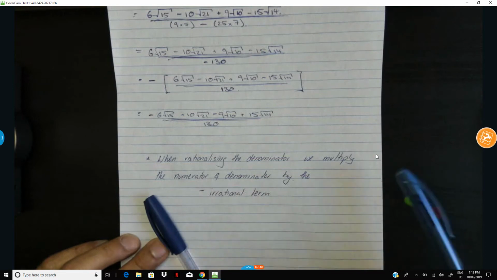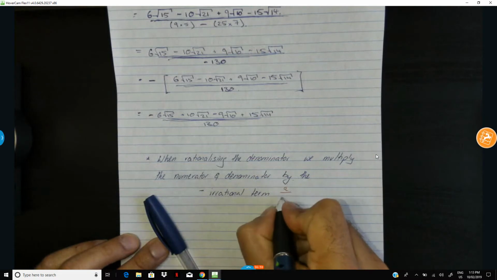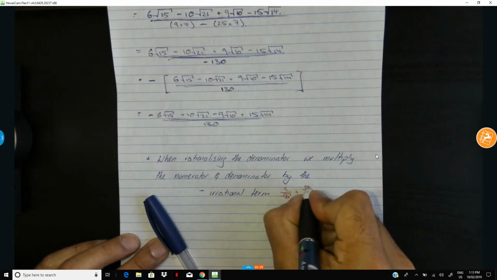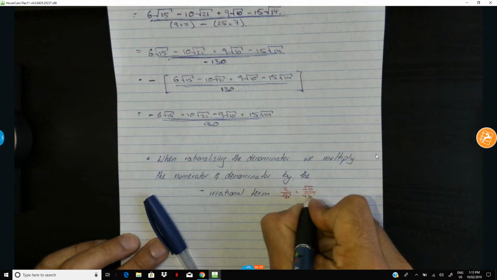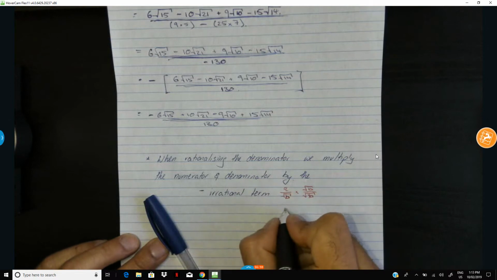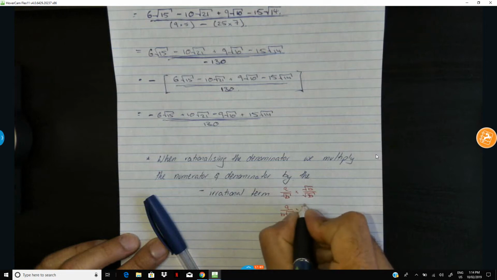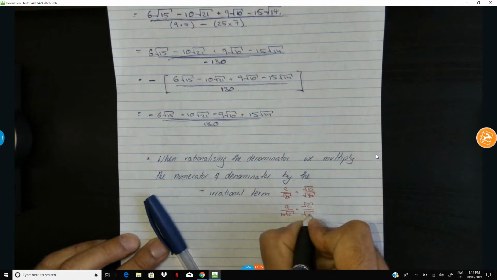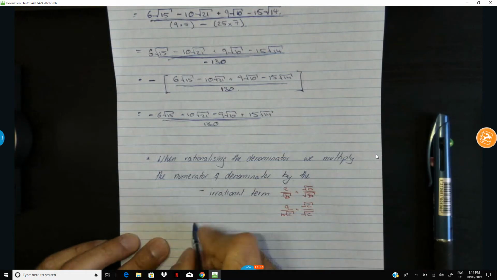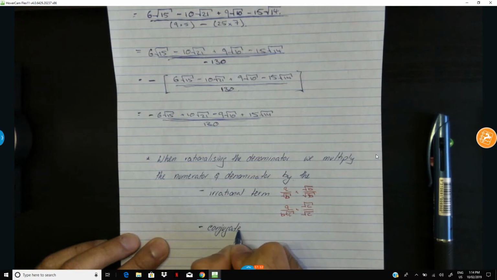If you get something like a over square root b, we can times it by square root b. Or if you get something like a over b square root c, we're just going to times it by square root c. Or by the conjugate of the denominator.